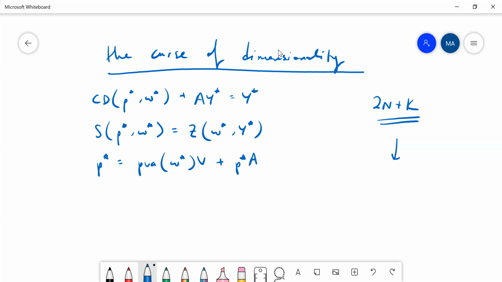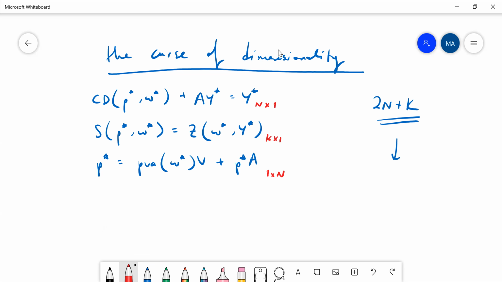Now, first of all, look at the first equation. So this is again a matrix equation. So, don't forget this. Here n by 1, here k by 1, here 1 by n. We have these dimensions.